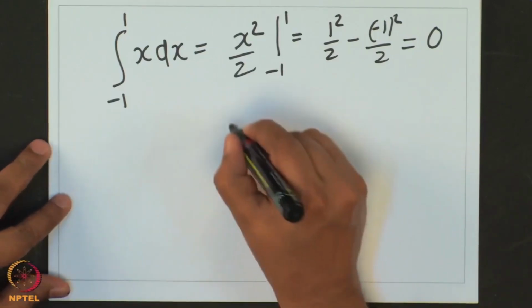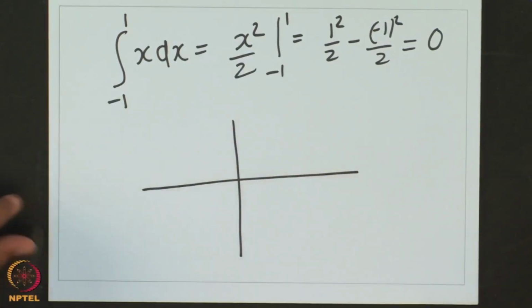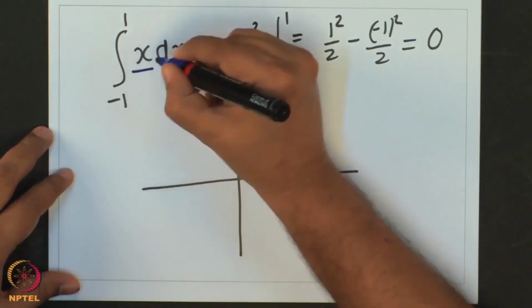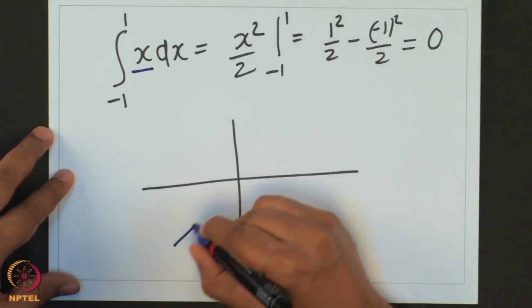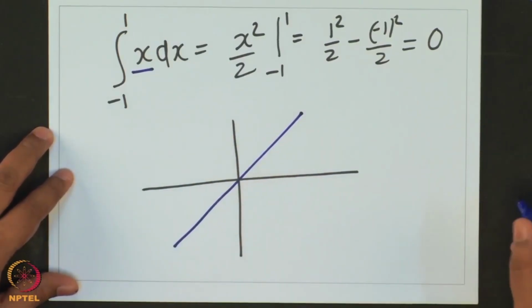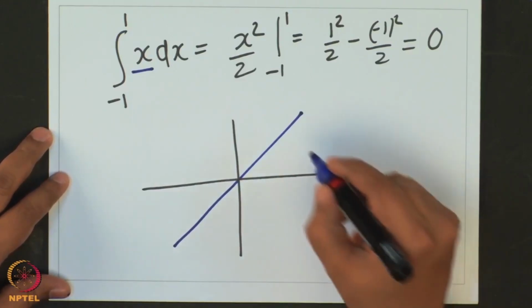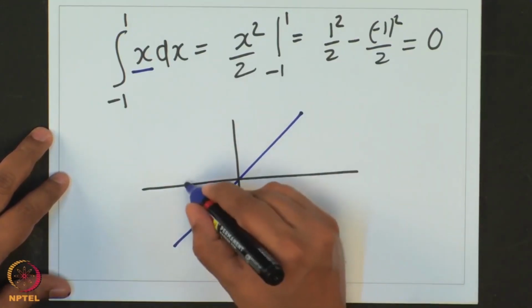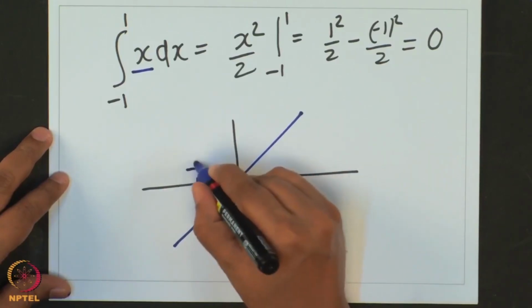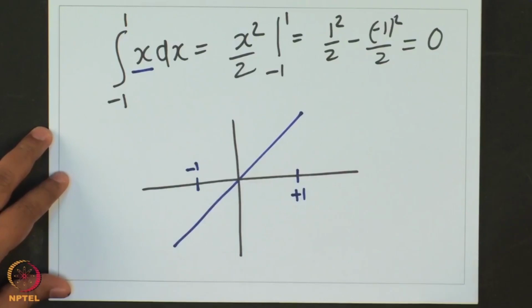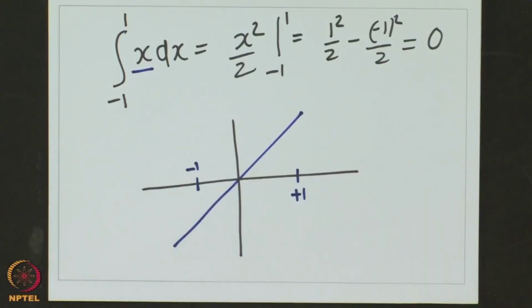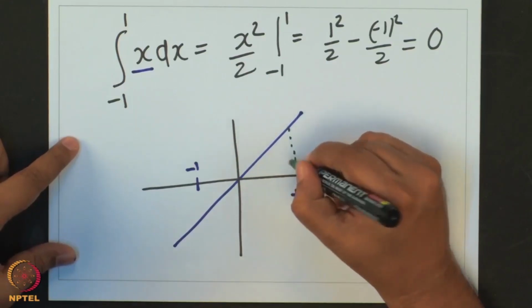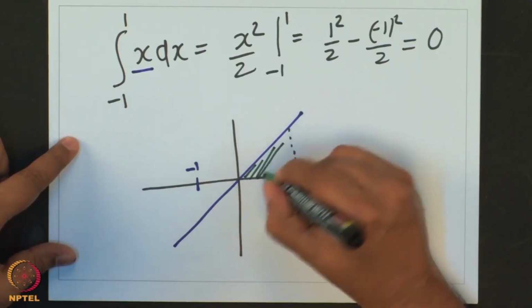Now if you think of this as area, the function is x, a straight line function, and we want to calculate the area from minus 1 to plus 1. So how do we do that, and what is the answer we would get? Let us calculate the area here. This is the shaded area.